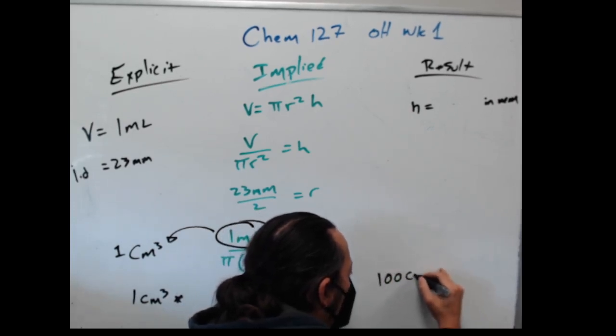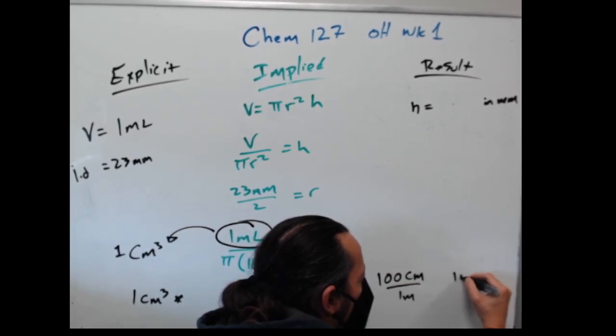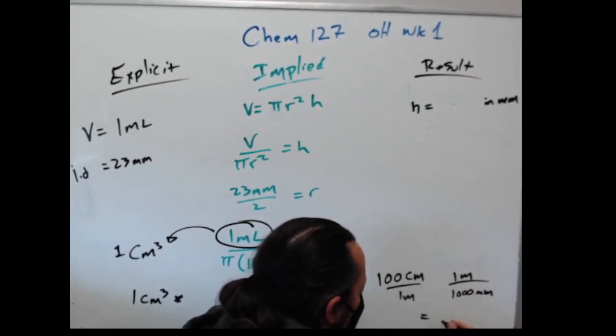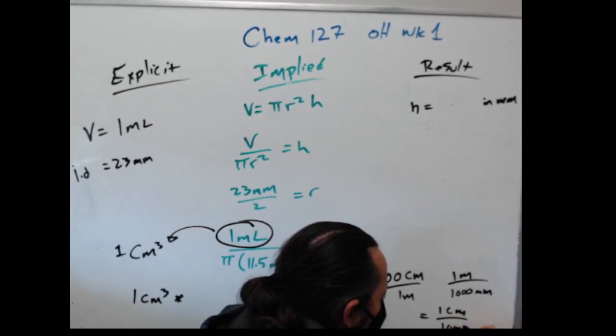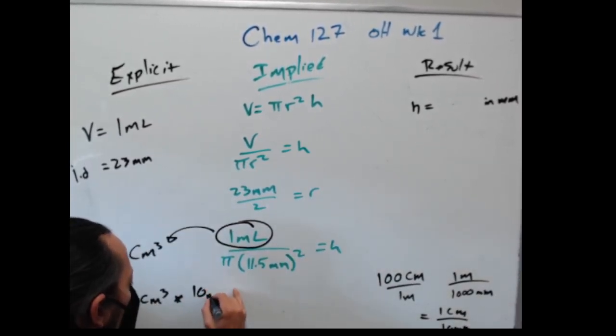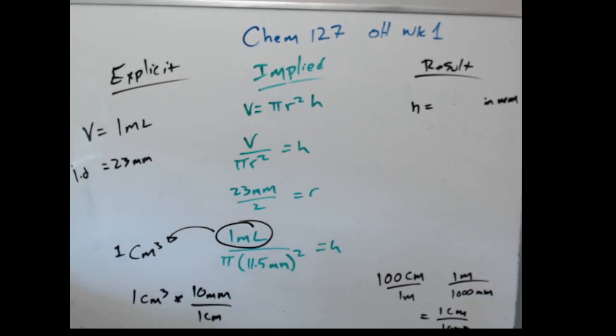I know it's 100 centimeters for 1 meter, and I know 1 meter has 1,000 millimeters. That's going to be 1 centimeter has 10 millimeters. I'm going to flip that over, so I have 10 millimeters per 1 centimeter. Does that all make sense?